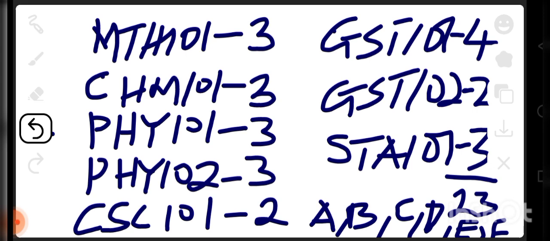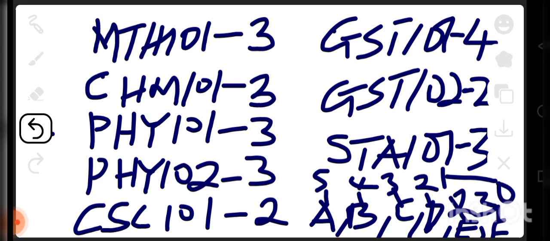You should know that D and E are very close. You should also know the weight or the points of the following grades. A is 5 points, B is 4 points, C is 3 points, D is 2 points, E is just 1 point, then F is 0 points.